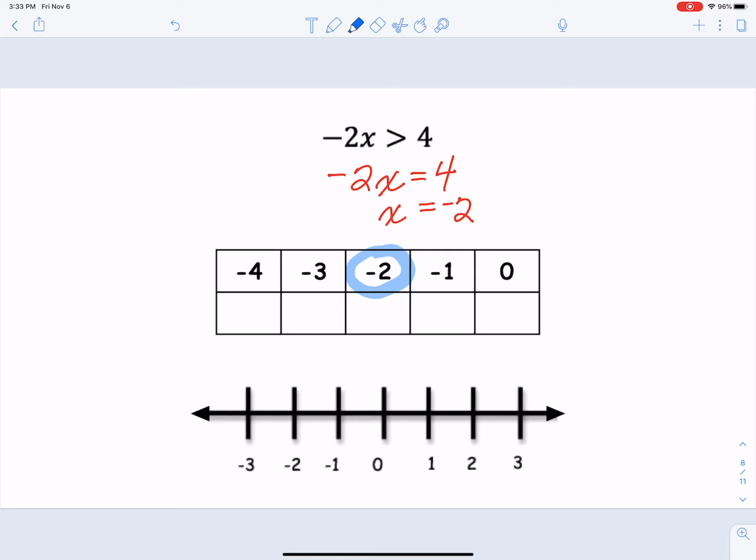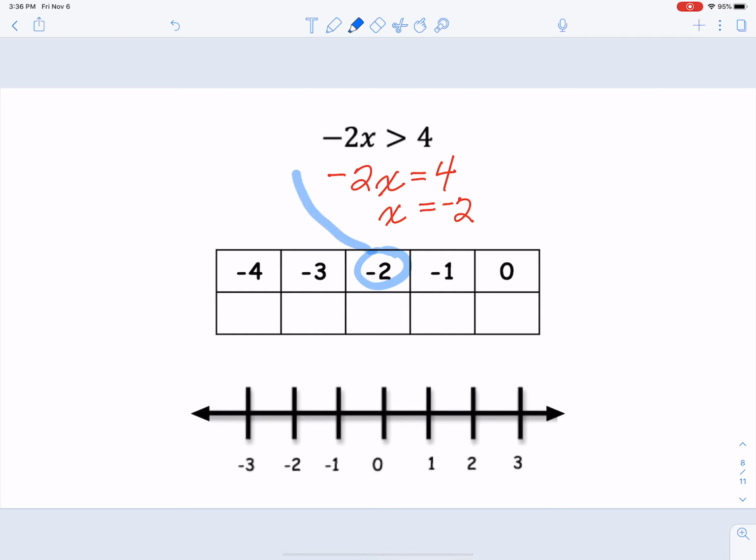This is where we go from x giving us an equality and x giving us a number greater than 4 or less than 4. So let's substitute in and see what happens.